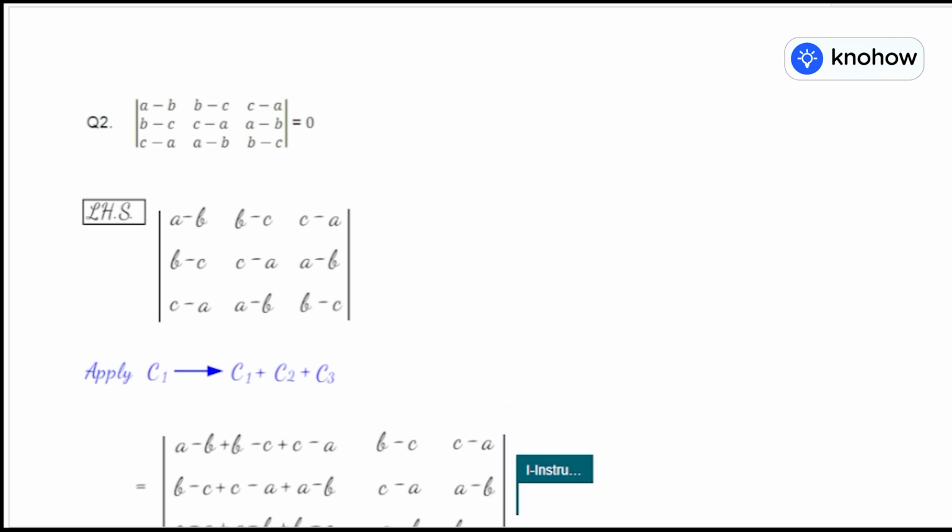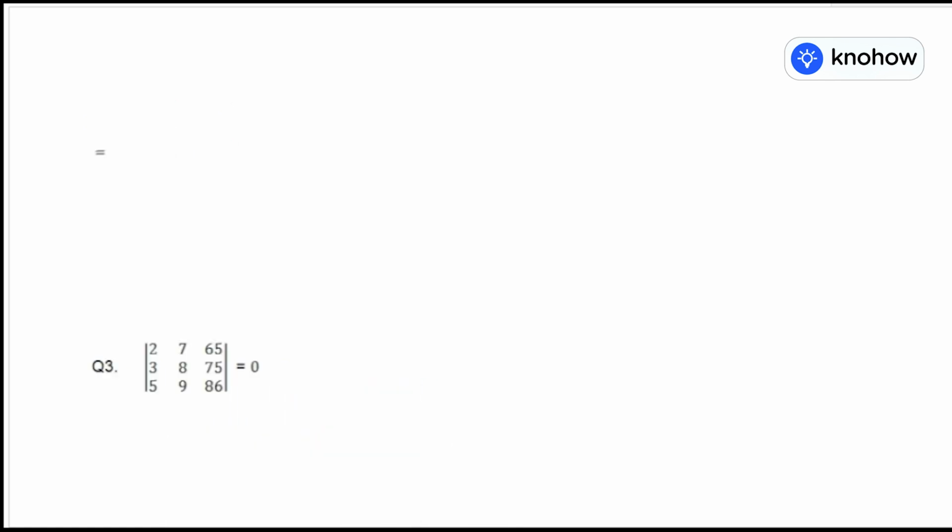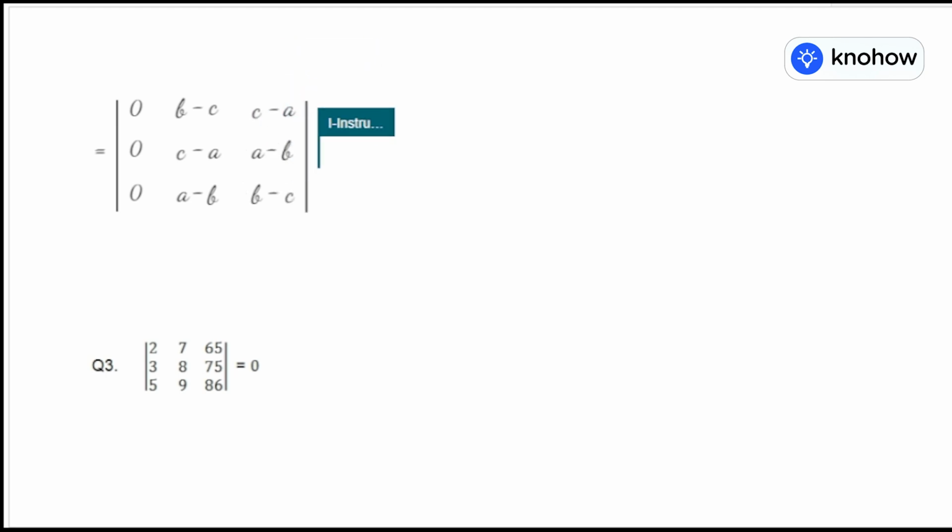But what do you find in the first column? a cancels, b cancels, c cancels, and similarly in the other two rows. So the elements of the first column will become 0, 0, 0, and of course the other two columns remain as such. So obviously the value of determinant is 0, and that's what we have to prove.